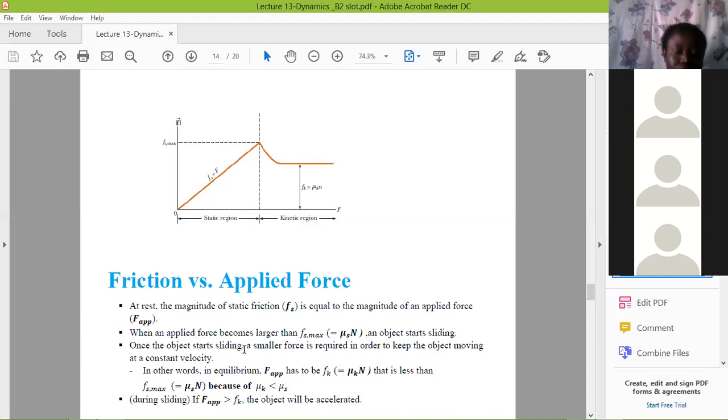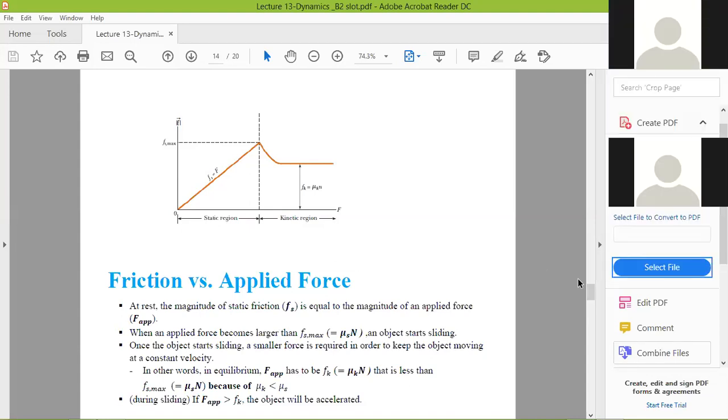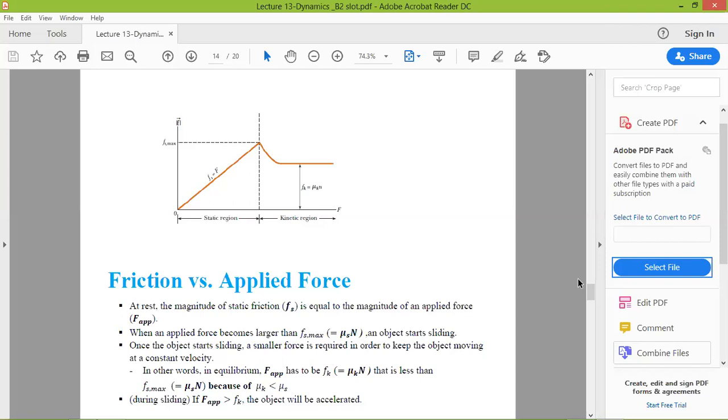Okay, so we were just saying, when you apply a force and the applied force becomes larger, the static friction force equals the maximum, and the object starts sliding.